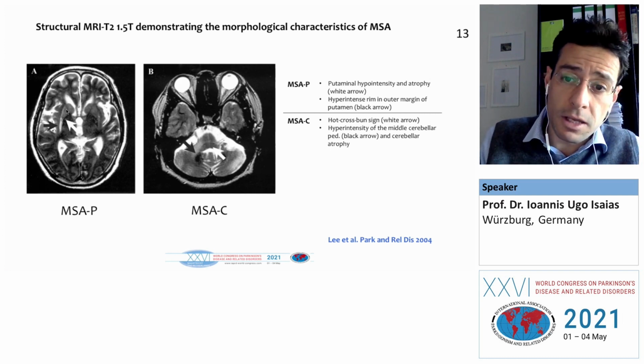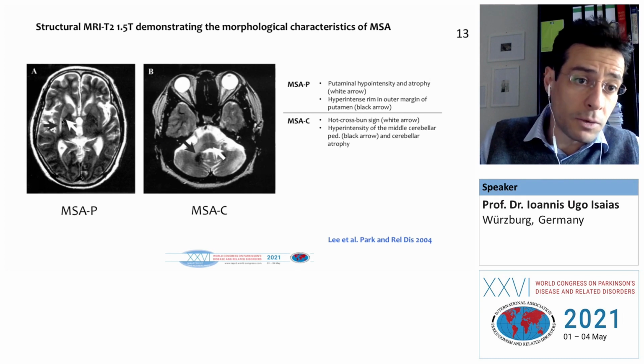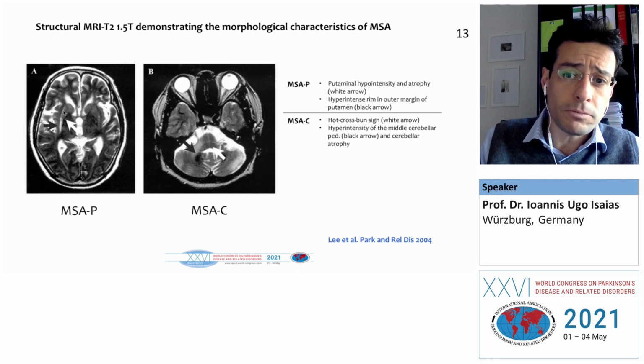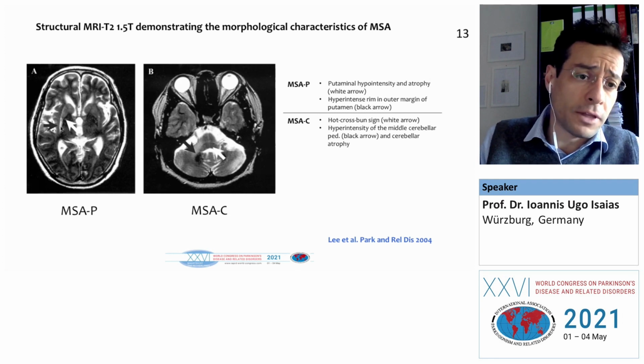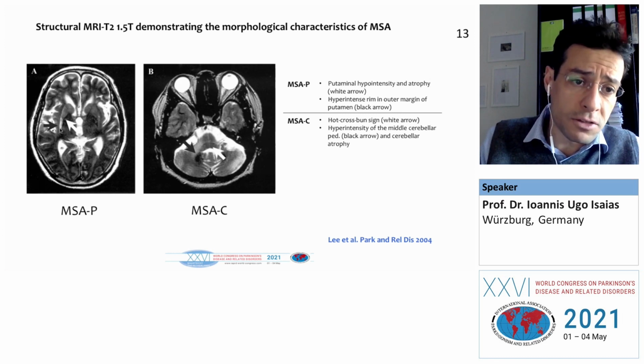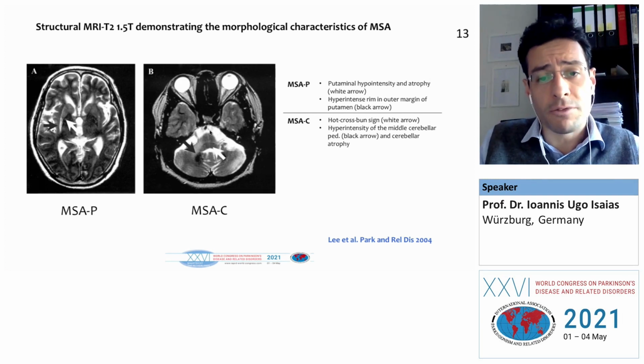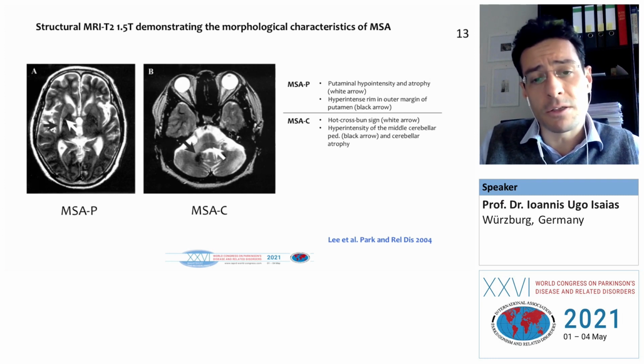Here you can see, especially in MSA-P patients, so Parkinsonian type, an atrophy of the putamen, especially the tail, which matches with the glucose PET finding, and also this hyperintense rim on the outer margin of the putamen.